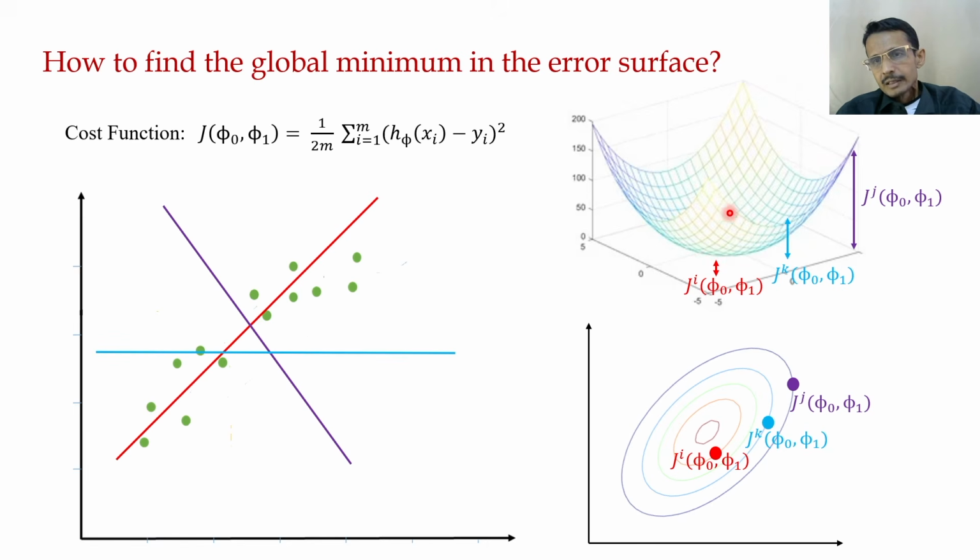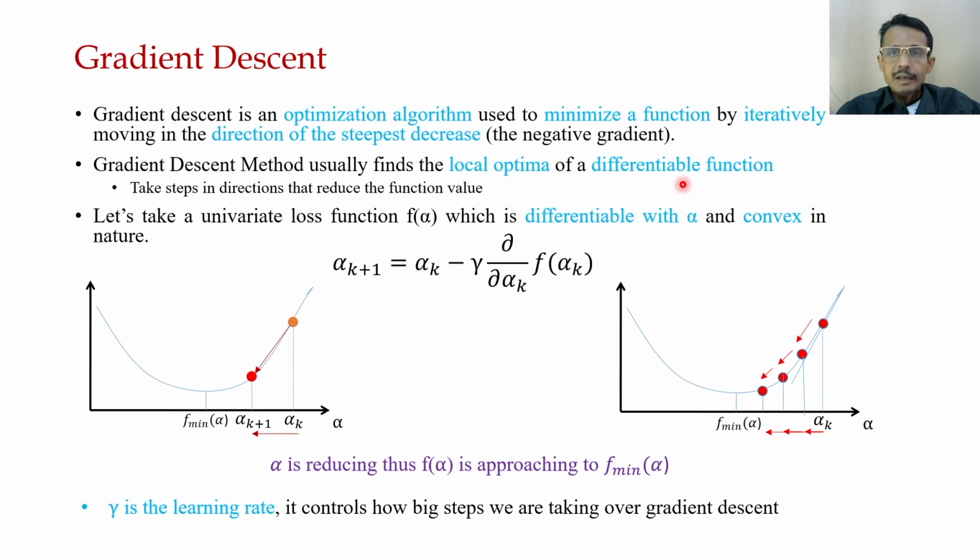So given this kind of surface, with gradient descent we try to find the global optimum. Here the global and local optima are the same, and this applies to a differentiable function, and our cost function is differentiable. It takes steps in the direction that reduces the function.